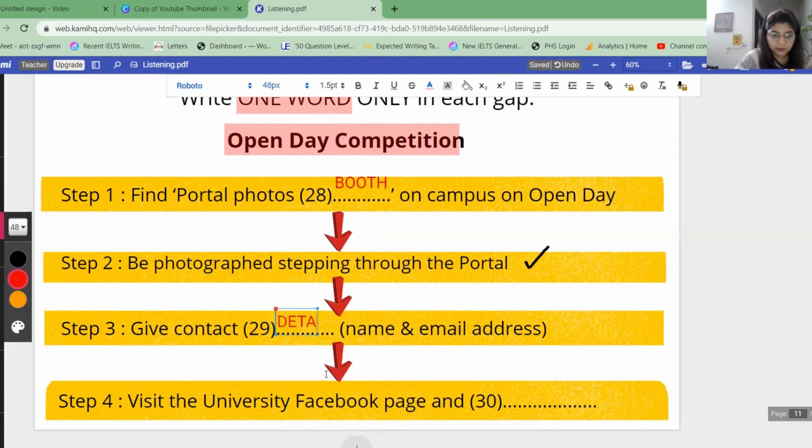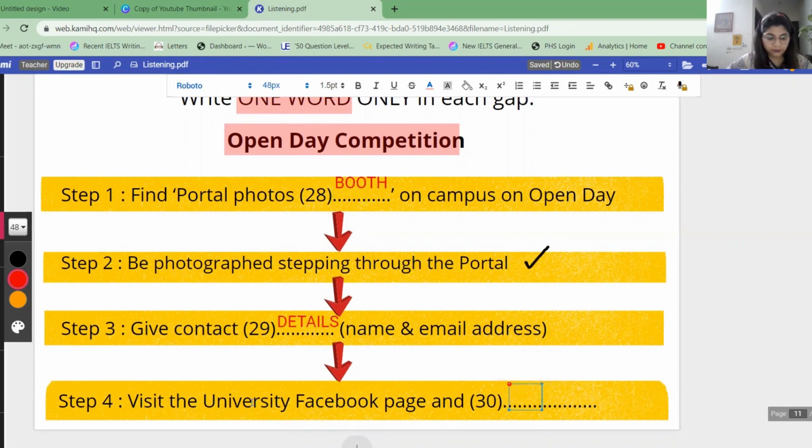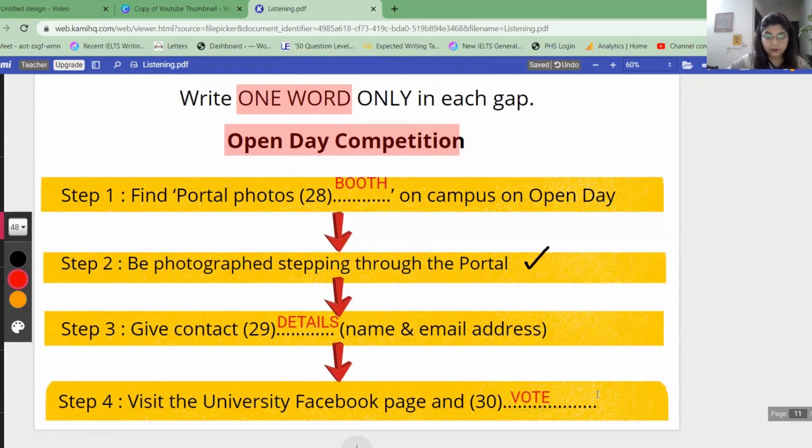You know, name, phone number, email. No, hang on. Let's keep it simple. Just name and email address should do. Then after, say, the 30th of July, people can visit the university Facebook page and vote for their favorite photo. So the photo with the most votes wins. Yes, I think that should generate quite a bit of interest.